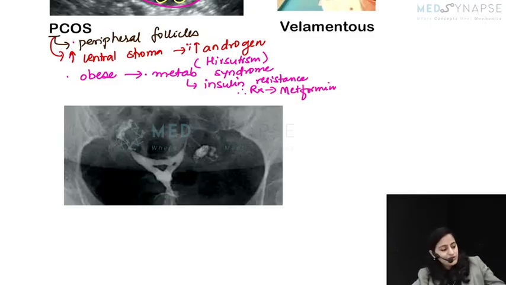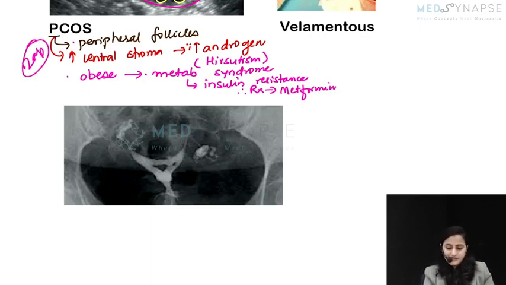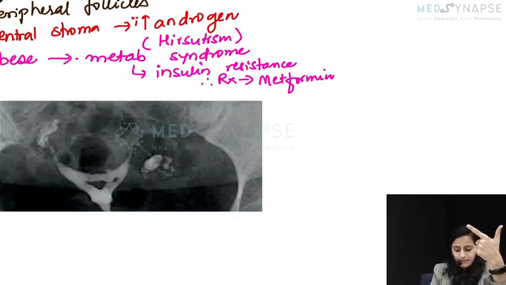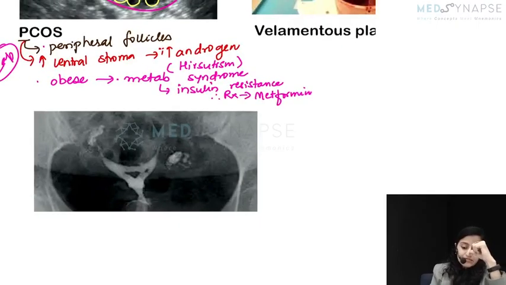Which antipsychotic drugs cause metabolic syndrome? Remember, weight gain happens with clozapine, olanzapine. What are the side effects with metformin? Metabolic acidosis, B12 deficiency, methylcobalamin deficiency, right? So remember, metabolic syndrome, insulin resistance, so you need to give metformin also here.